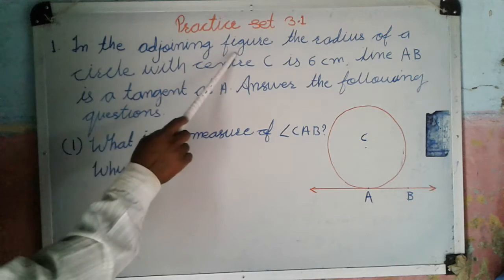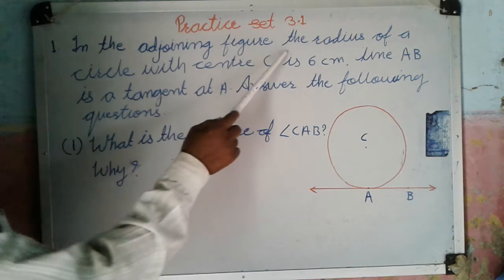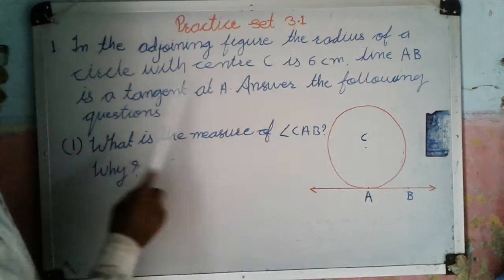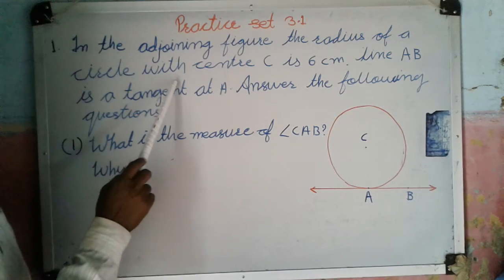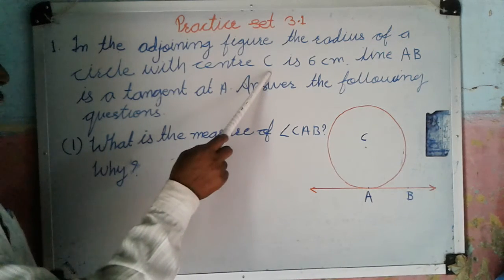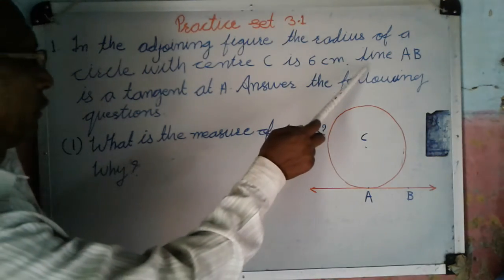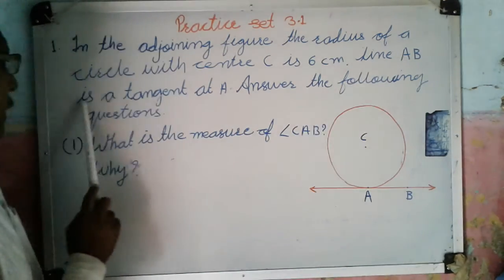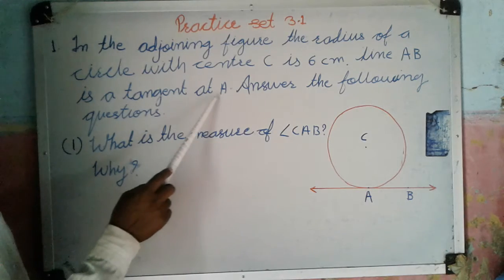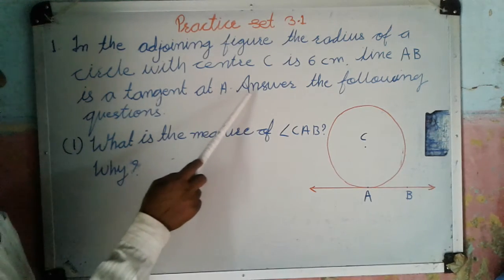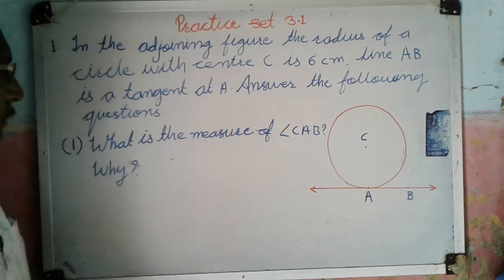In the adjoining figure, the radius of a circle with center C is 6 centimeter. Line AB is a tangent at A. Answer the following questions.